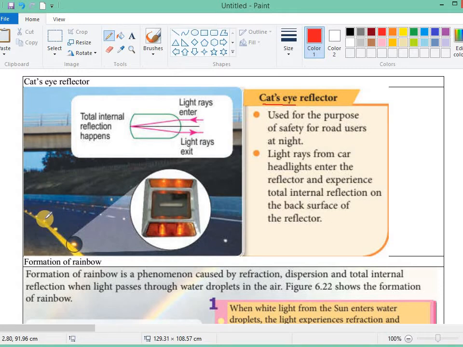Another one is the one that can produce its own light, the one that you see on the road that is able to blink like that. That one is able to produce its own light. Okay, but you rarely see that one, very rare to see. Mostly it is this type, the cat's eye reflector.